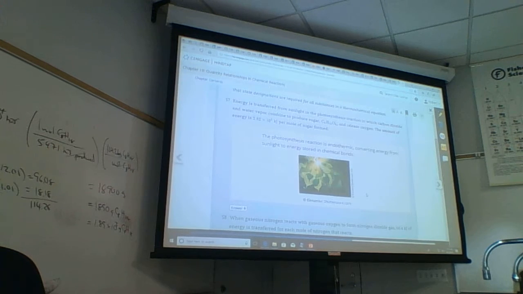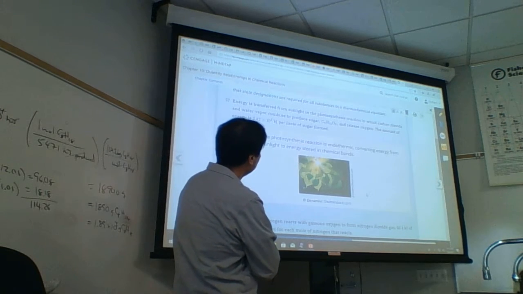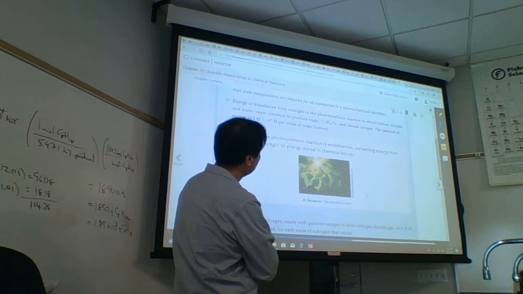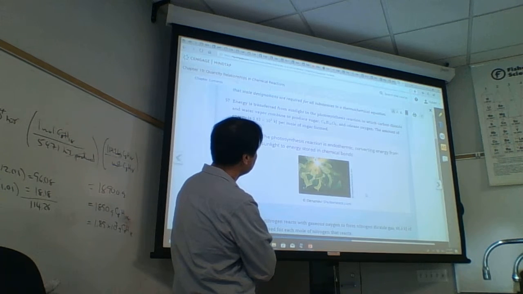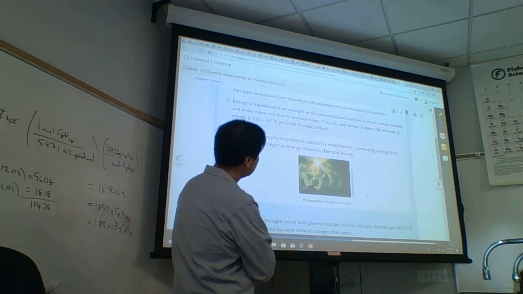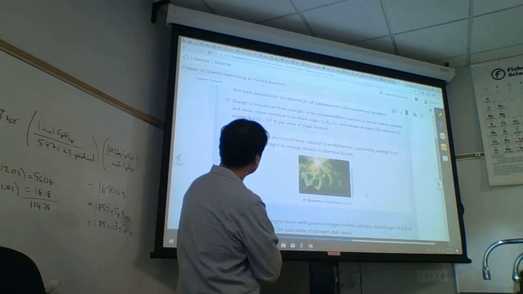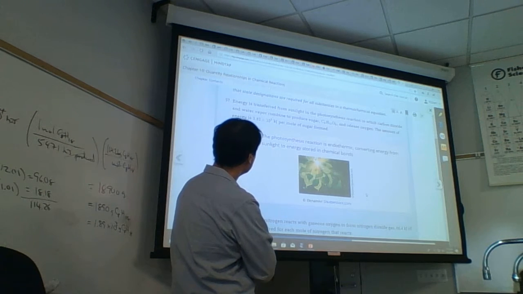Energy is transferred from sunlight in the photosynthesis reaction, with carbon dioxide and water combined to produce sugar. It's a different kind of sugar. Table sugar, sucrose, is C12. This is glucose, which is C6. And release oxygen. The amount of energy is 2.82 times 10 to the 3rd kilojoules per mole of sugar formed.